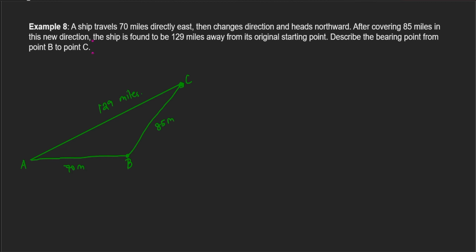So, the solution will be, since three sides are given from this problem, then we can apply the law of cosine, which is, we have cos B is equal to A squared plus C squared minus B squared over 2AC.